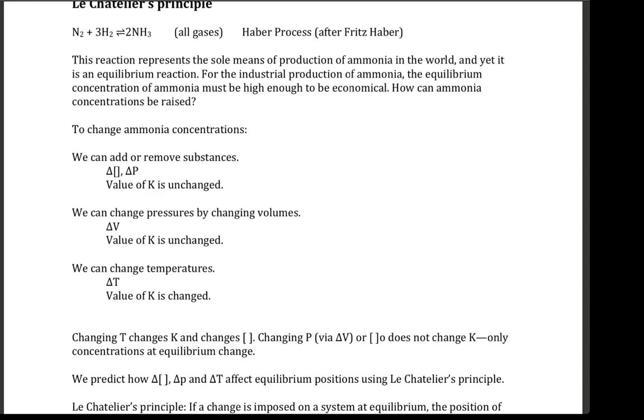That changes the amount of product we get. We can also change the temperature. That changes the amount of product we have. Of those three changes, changing concentration, changing volume, and changing temperature, only changing temperature changes the numerical value of K. All three of those change the amount of product we get.